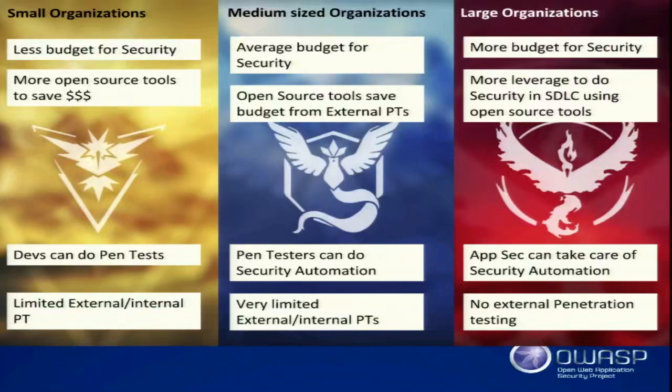And imagine if you invest $2,000 every week on penetration testing and send it to an external vendor, you don't have to send it every week. You can send it once in a fortnight or once in 4 weeks. If you start adopting open source tools and start running these tools in your organization, this will save you a lot of budget.